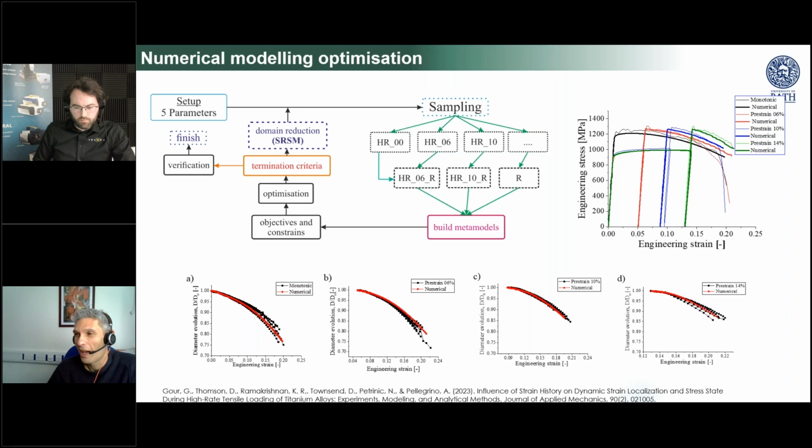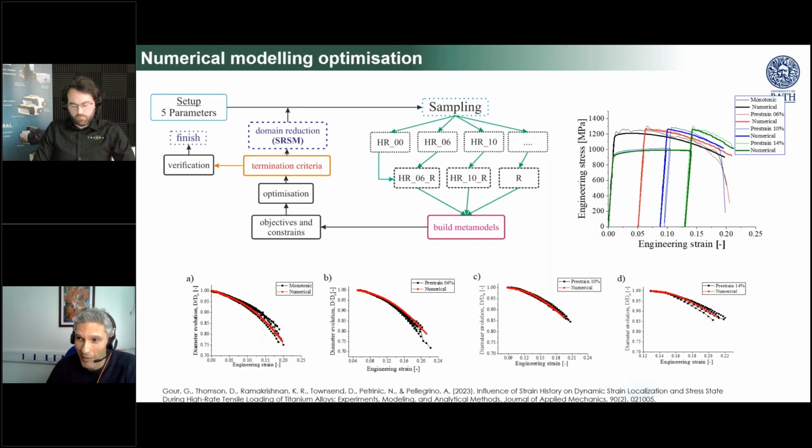Now, how did we make sure that we could trust that what happened in the simulation was representative of the experiment? We conducted a multi-factor optimization of all the parameters in the simulation using LS-OPT, and we made sure that not only the global response of the material in terms of force and displacement was matched exactly by the simulation, as you can see here in the top right diagram, but more importantly, in this particular research, that the local behavior was also matching between the numerical and experimental data.